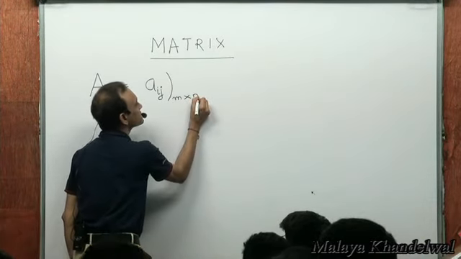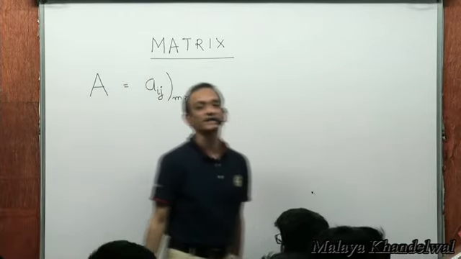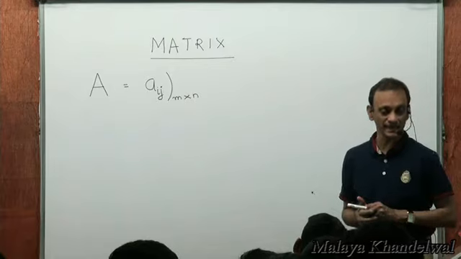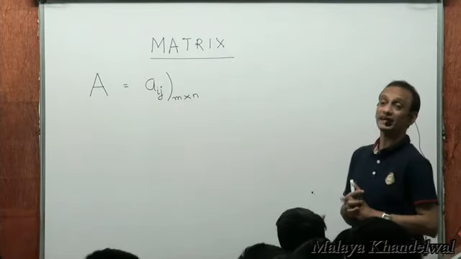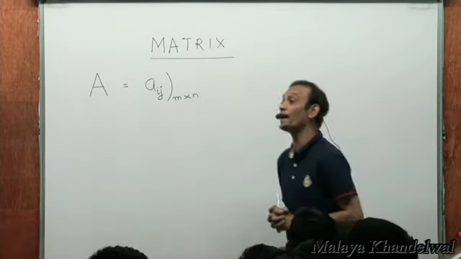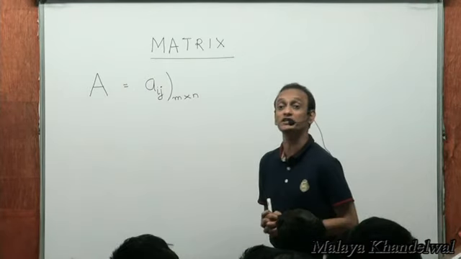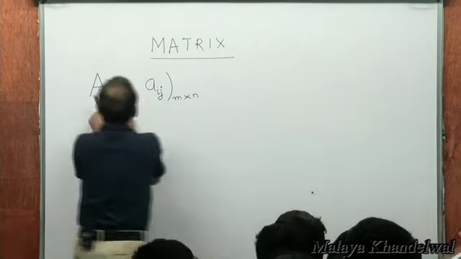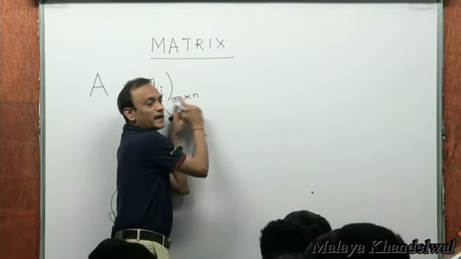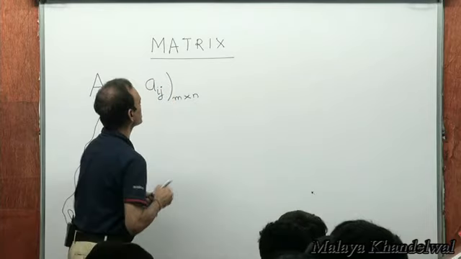It's referred to as m by n, and its representative element is Aij. Aij is an element of that collection belonging to the ith row and the jth column. This matrix has m rows and n columns.